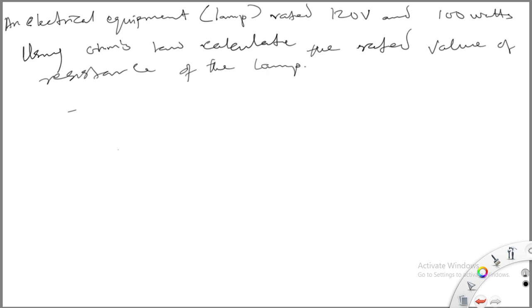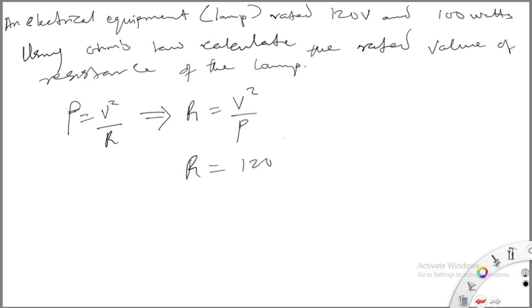You can now see from our previous power formula, P is equal to V squared over R. We can transform this equation to something like R is equal to V squared over P. You see, just a change of subject. So now we can use this to calculate R is equal to 120, our rated voltage, squared all over our rated power. Power was 100.